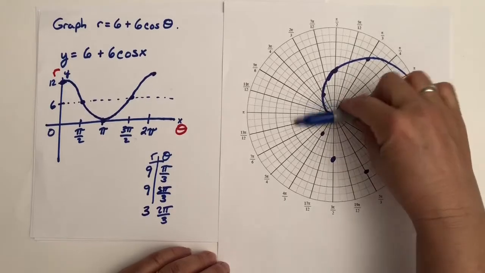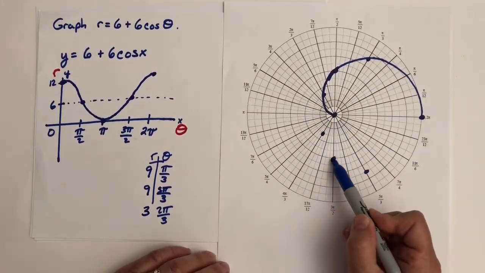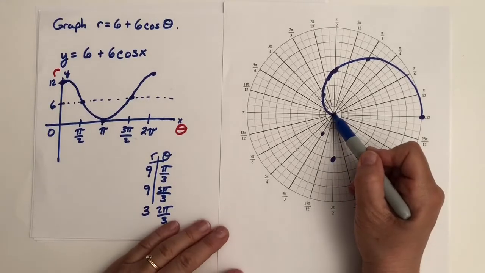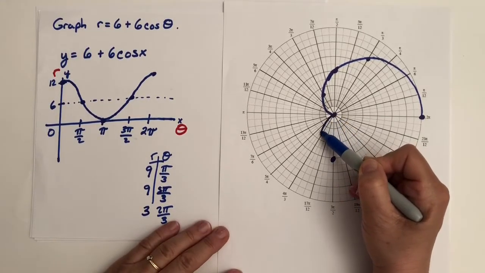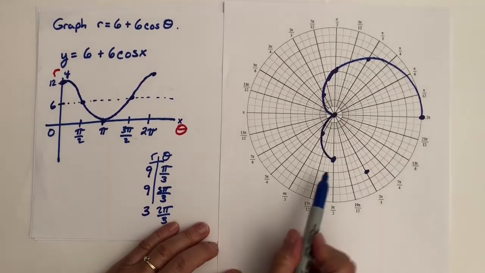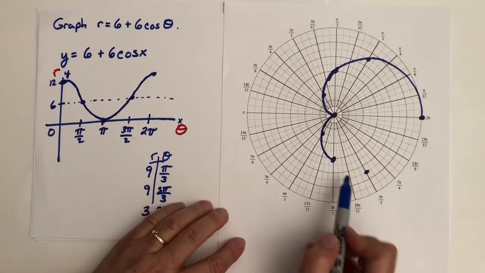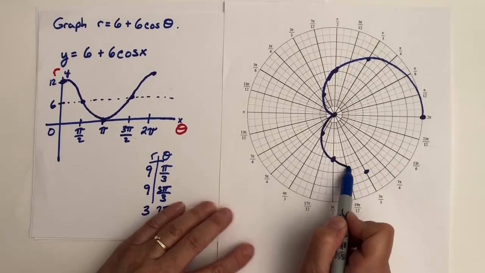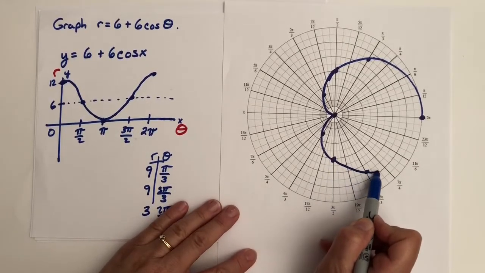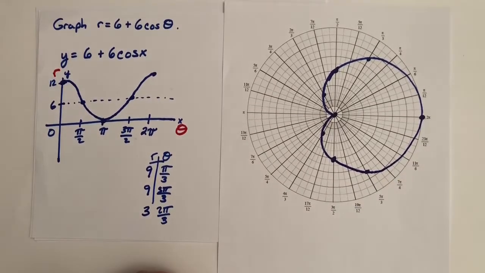My points are getting further away from the pole. I'm at 0, now I'm at 3, now I'm at 6. Notice the r values are going to continue to get bigger. Now I'm at 9, keep going, and pretty soon you'll be up at 12. And we have our cardioid graphed.